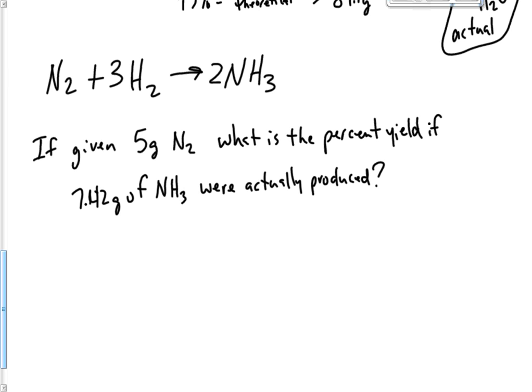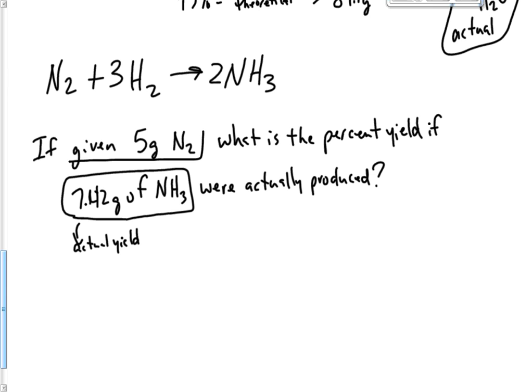So it tells you that 7.42 grams of ammonia is your actual yield, your experimental yield. And it says you were given 5 grams of nitrogen, so that's where we're going to start.